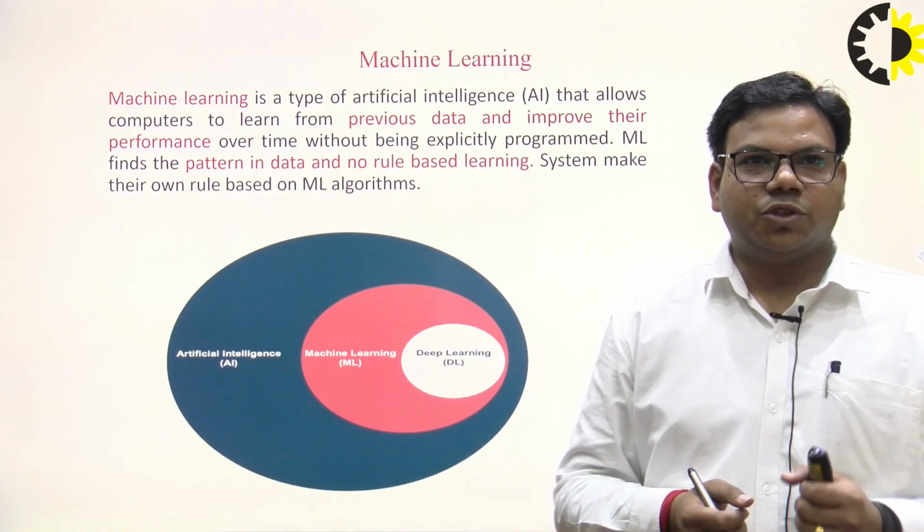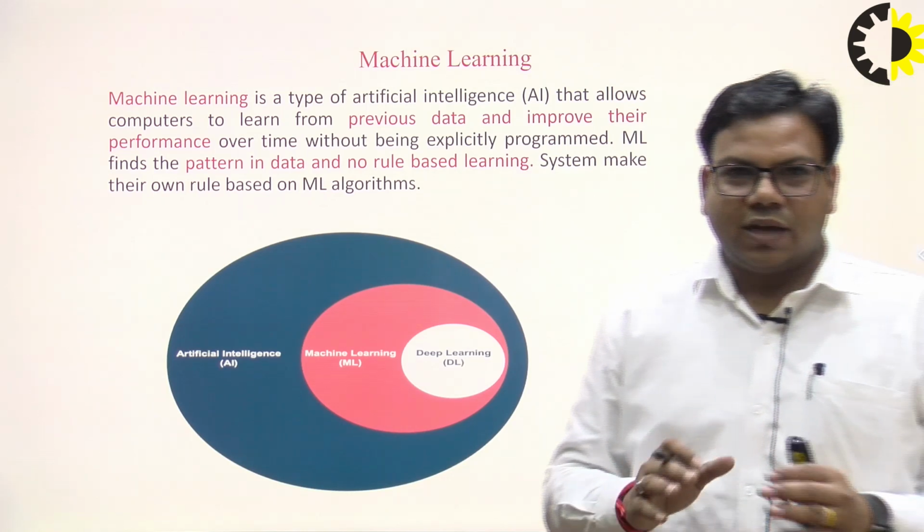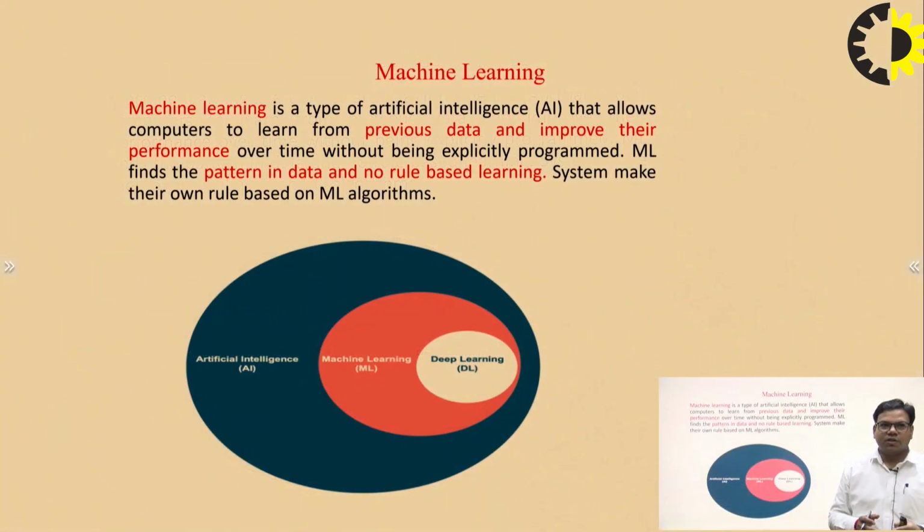Starting with machine learning: as the name suggests, machine learning is a part of artificial intelligence. In the last few decades, artificial intelligence has evolved and is now an integral part of human life. You can feel artificial intelligence all around you.